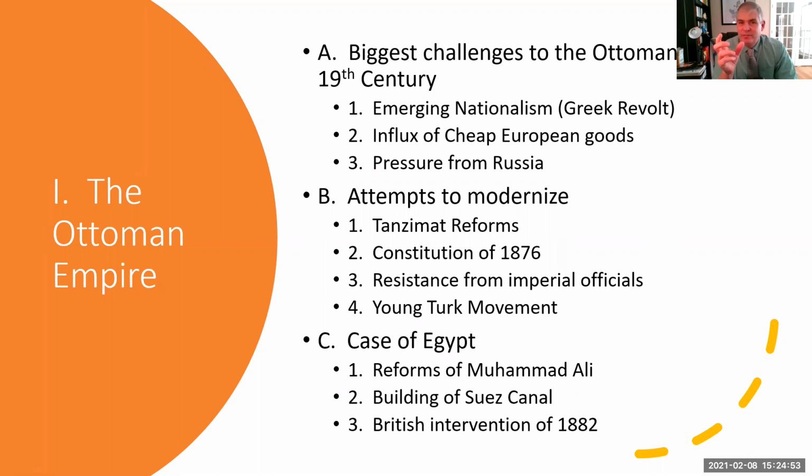And after Napoleon and his forces leave, Muhammad Ali says, if we're going to compete with the world, we need to have a modern army, not the army of the Ottoman Empire, but rather the army of France, of Britain, of Europe. So he begins a series of reforms to try and modernize the army of Egypt. He's going to send officers off to Europe to study, to learn the tactics of military in France, for example, and to bring those back into Egypt.